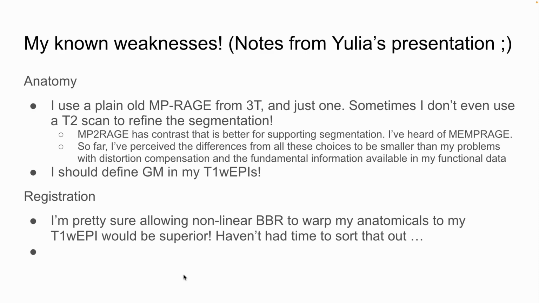To my understanding, boundary-based registration algorithms are far superior to just the full image contrasts weighting that I'm using when I call AFNI's 3dAllineate. Really, since I have these gorgeous T1 weighted EPI scans, I really should be using a nonlinear warping of my anatomical data to my functional data at a minimum, using a boundary-based registration algorithm.